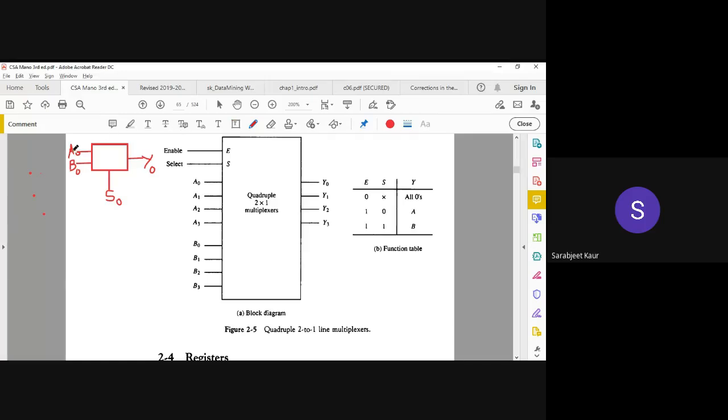Please see that the first mux has the first input as A0, right? Yes, ma'am. And what would the second mux look like now? The second mux would look something like this.